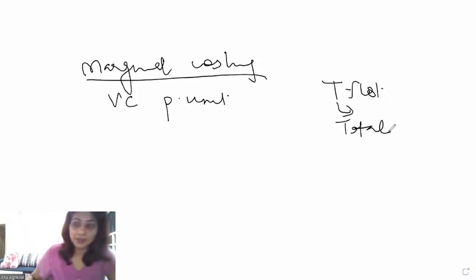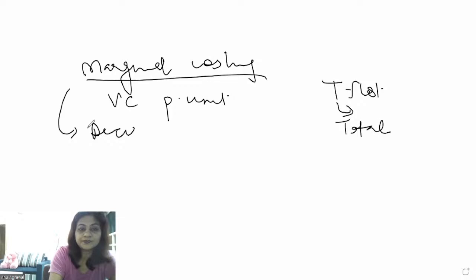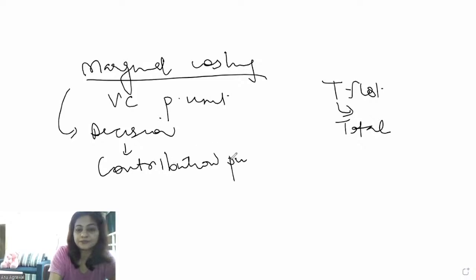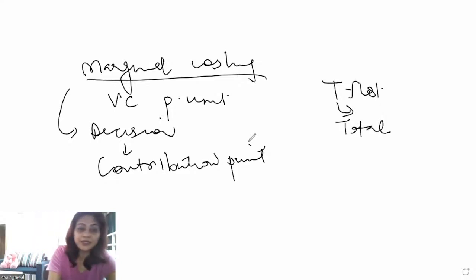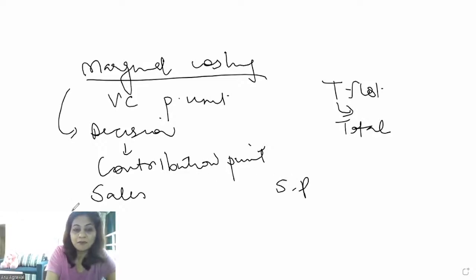Right? Because if at all we need to take up decisions, we need to find out contribution per unit. So what is contribution per unit? Sales, or you can say selling price, minus variable cost.